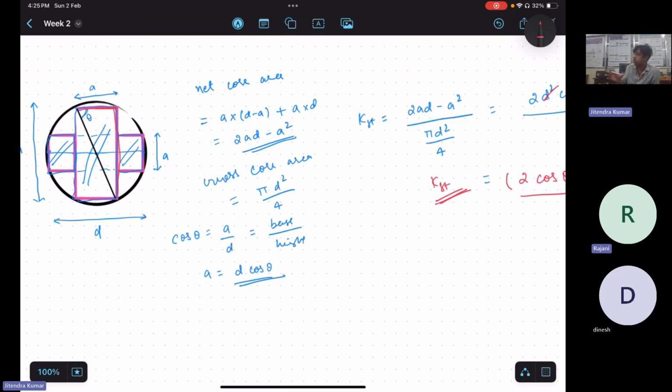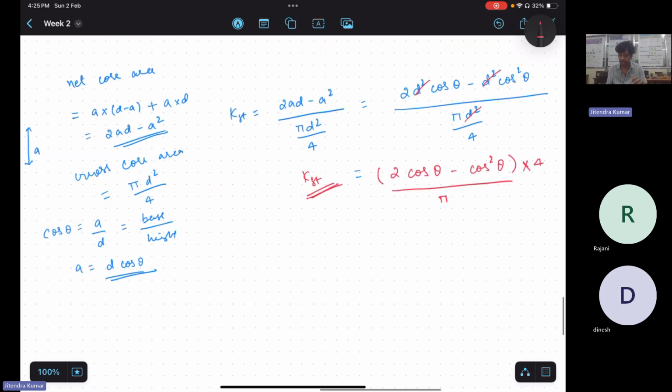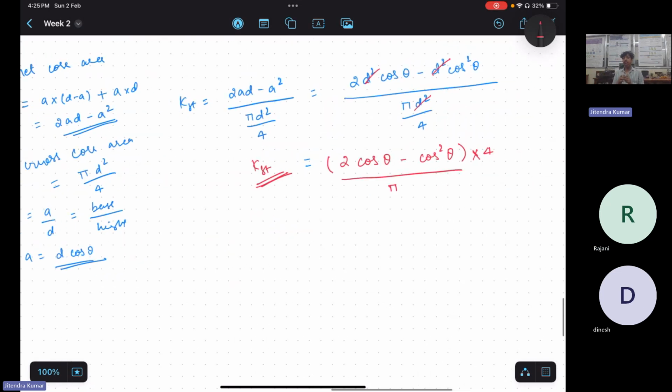Or if you make the width lesser, your stacking factor will change. But the question is, at which value will the maximum occur? Zero. So for zero, cos 0 is 1, cos square theta is 1.